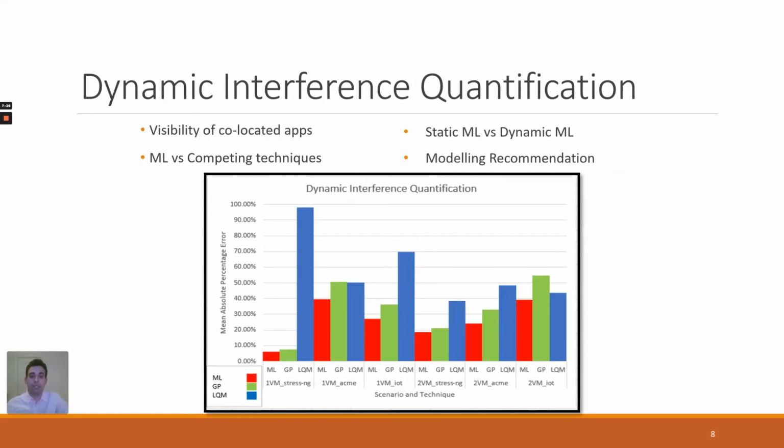Now, for a more detailed evaluation of our dynamic ML technique for interference modeling, recall that for dynamic performance modeling techniques, model training occurs at runtime. Consequently, the active model is likely to be employed when there is runtime interference from the same interfering application encountered in model training.